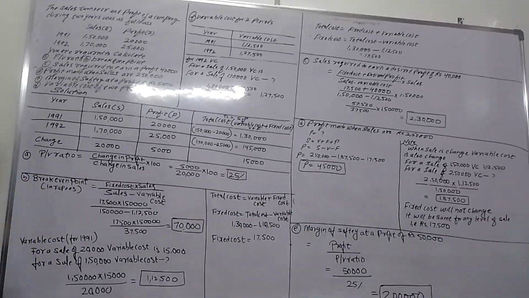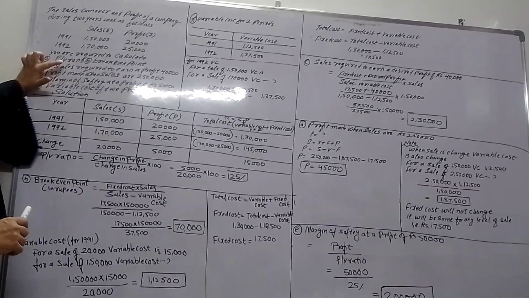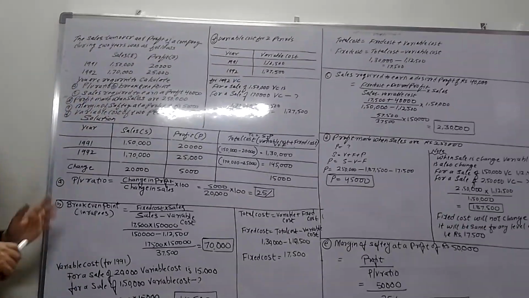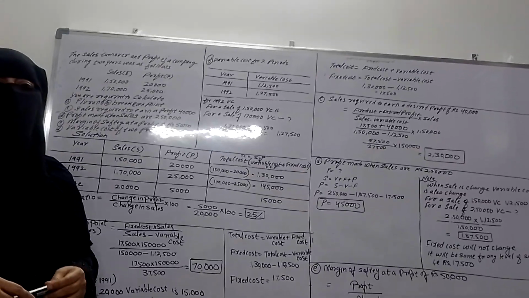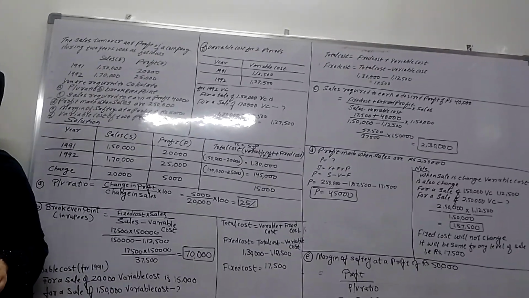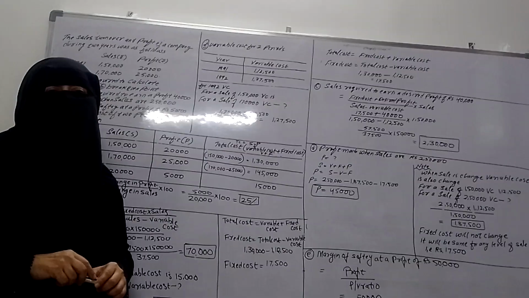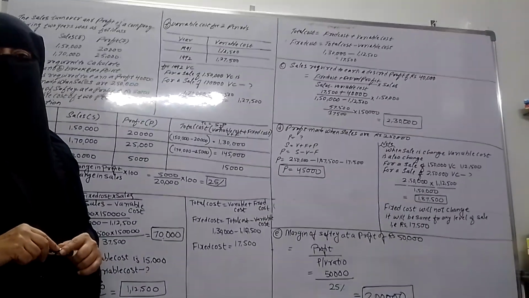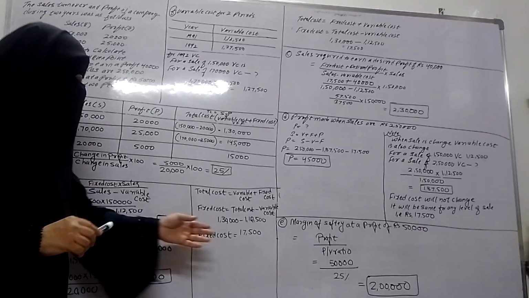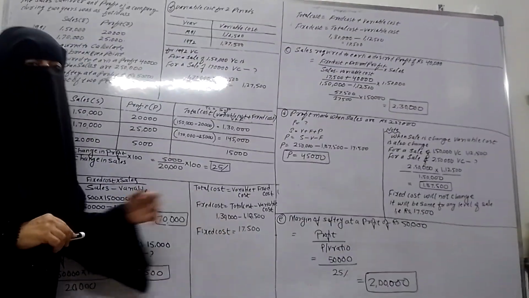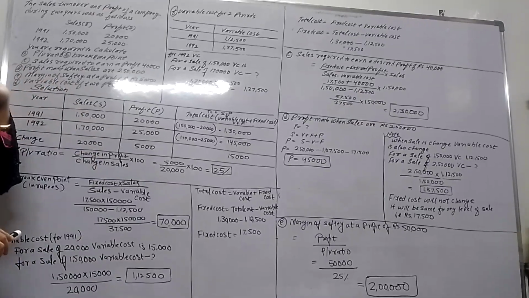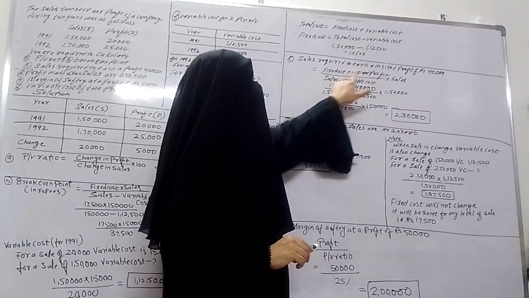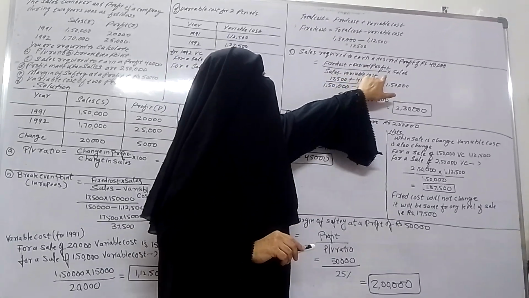Now the next point is asking you to calculate the sales required to earn a profit of 40,000. 40,000 is the desired profit. So the formula for sales required to earn a desired profit is fixed cost plus desired profit divided by sales minus variable cost, whole into sales.